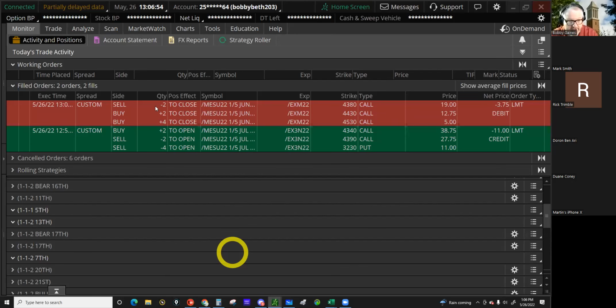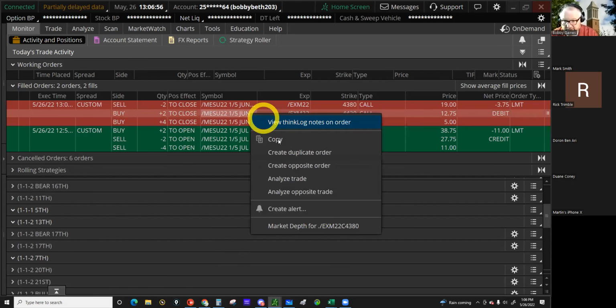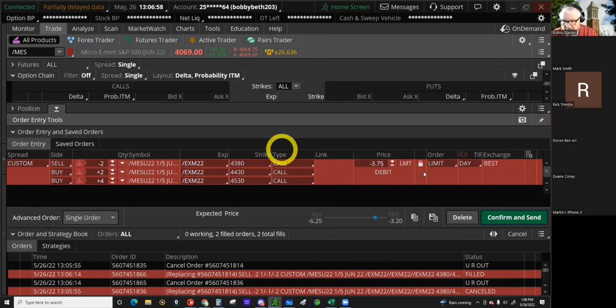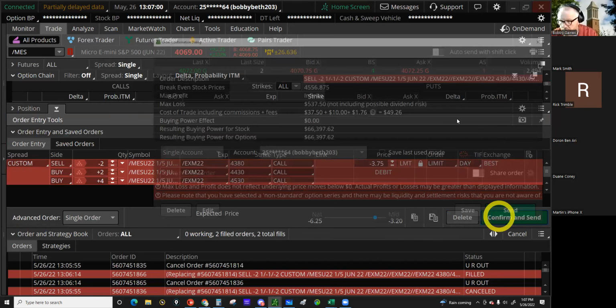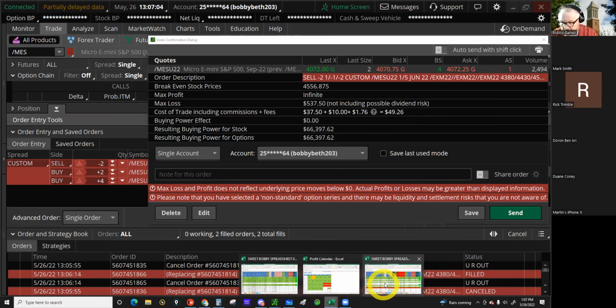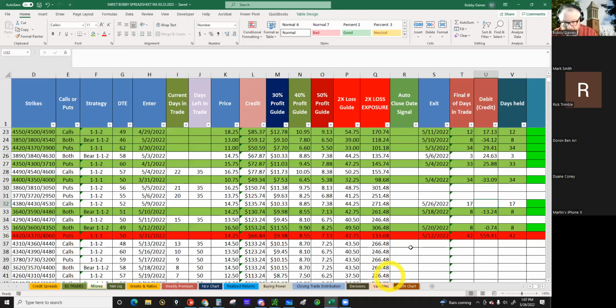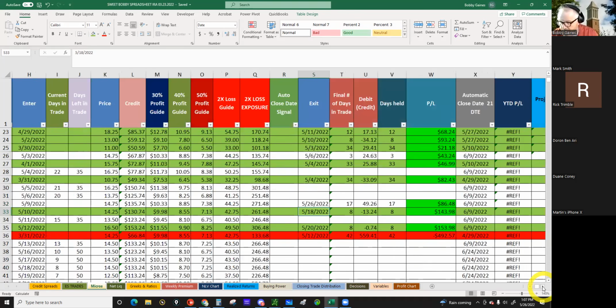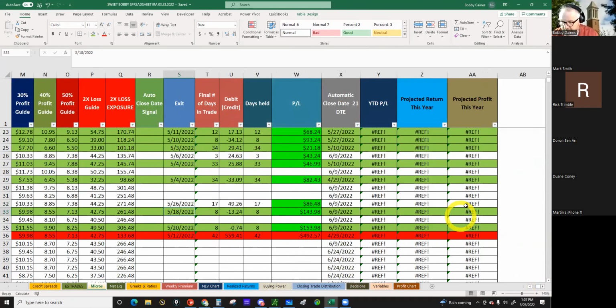So we got a debit of $49.26, which means we brought in a profit of 86.48. So we didn't quite get our $100 there.